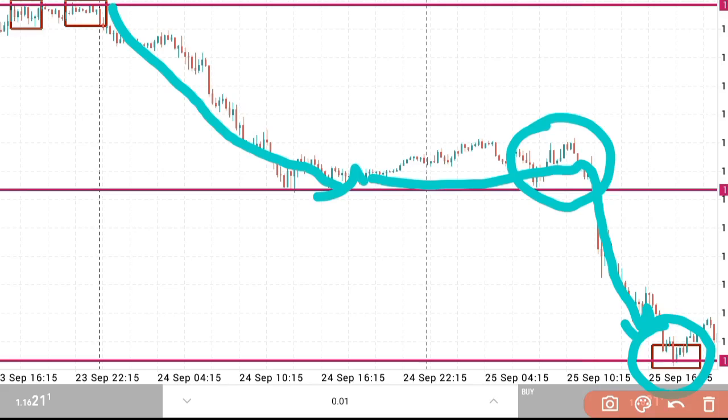So now, the key characteristics of demand and supply. One of them is that demand and supply are fundamental economic factors that support price movement in the market. When we talk about fundamental economic factors, I'm talking about news.